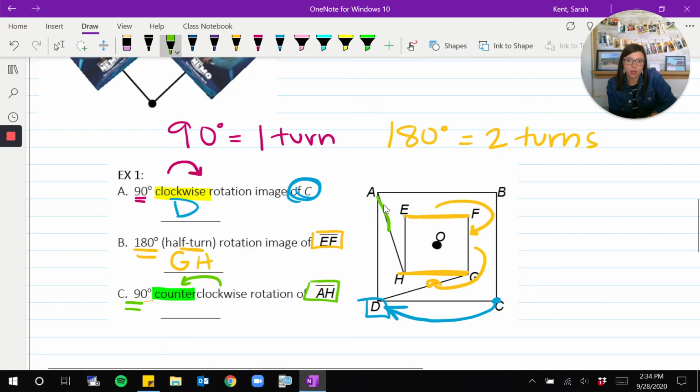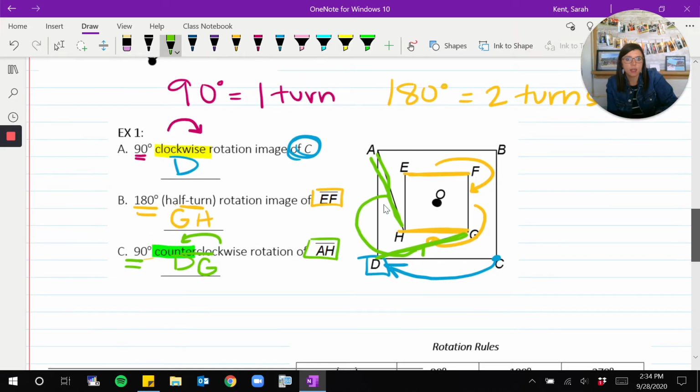This is a funny line, AH, and we just want to turn it 1 time. So when I make 1 turn, I might end up here on this other funny line of DG. So hopefully this helps you to see how when we turn, we're just spinning. We're making 1, 2 turns.